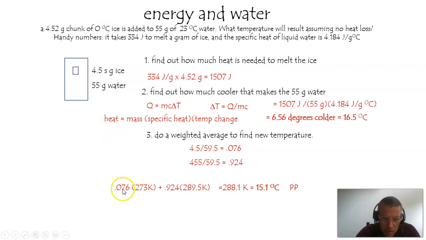And then you just do the weighted average. 7.6% at 273 and 92.4% at 289 is just going to be much closer to 289. Look at that, 288, and subtract 273 from that to go back to Celsius, and it turns out that the cup of ice water that you had will equilibrate to 15.1 degrees Celsius. So the little ice cube made it comfortably cool to cool you off on a hot summer's day.